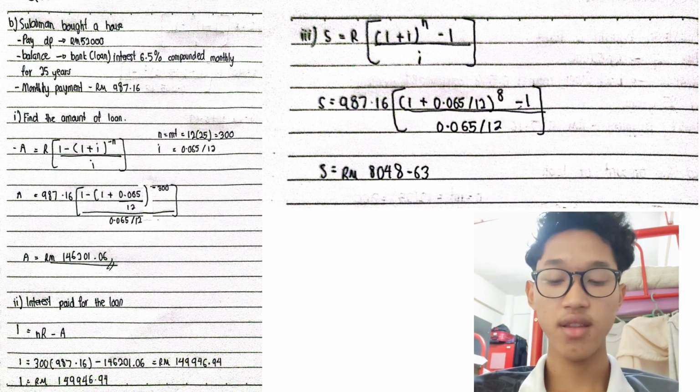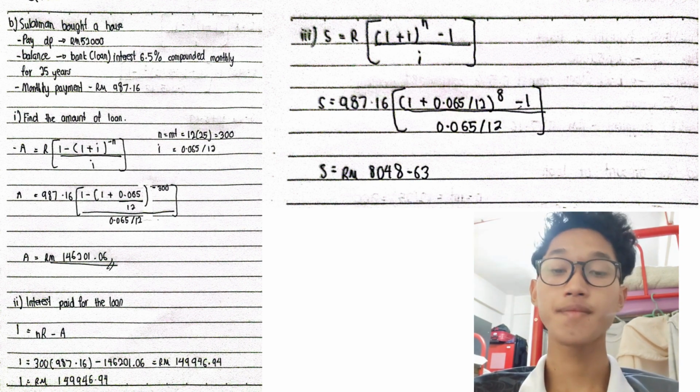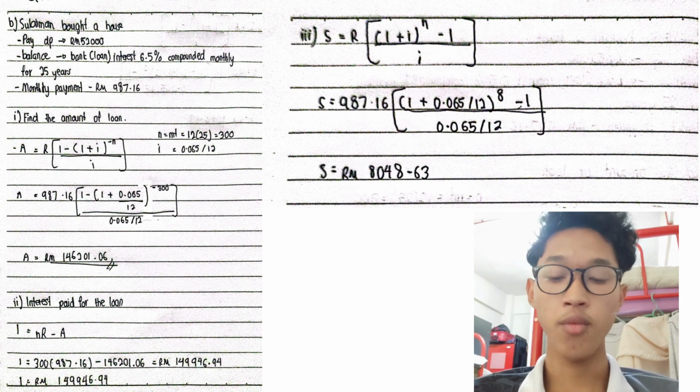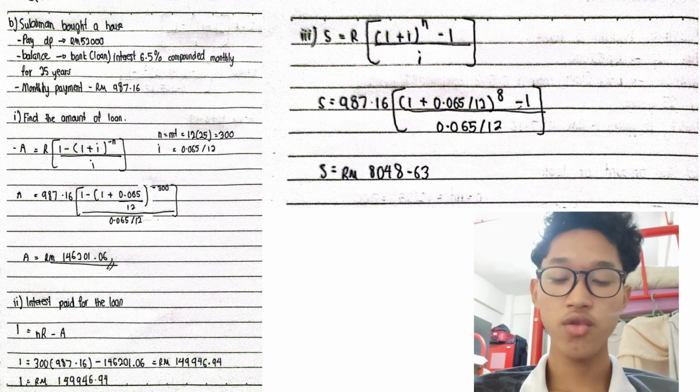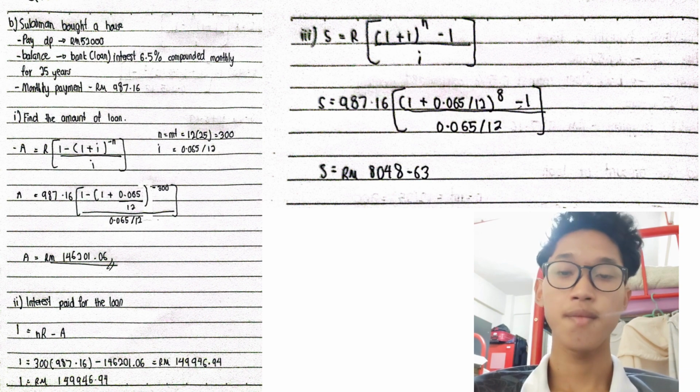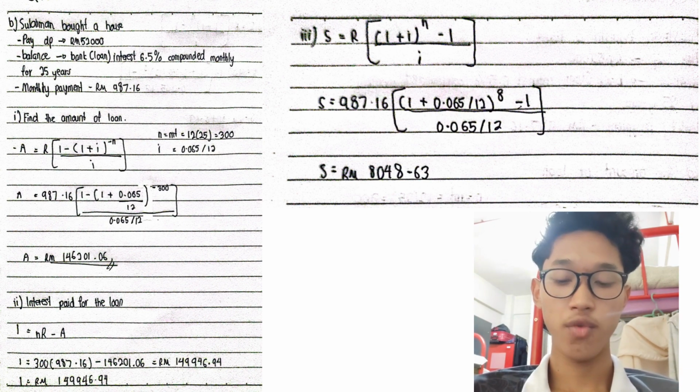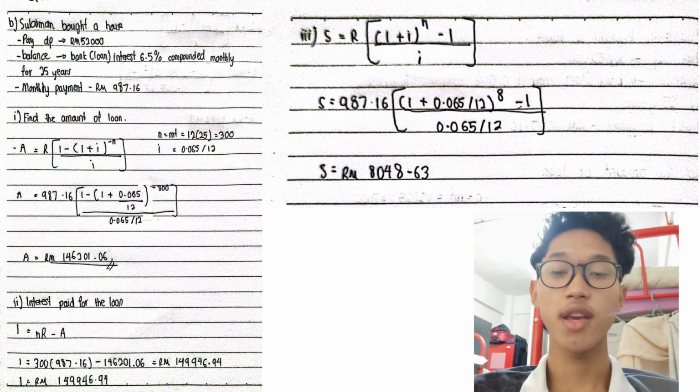Next, we will find the interest paid for the loan. We will use the formula of I equal to nR minus A. We will enter the numbers in the formula, where n is 300. We open the bracket, we put 987.16, and then we close the bracket.